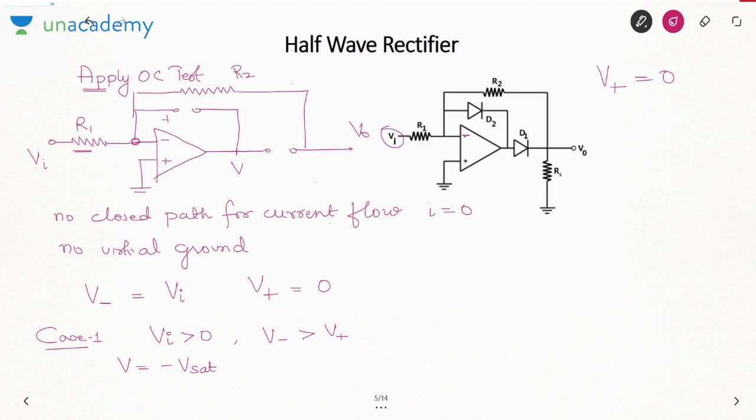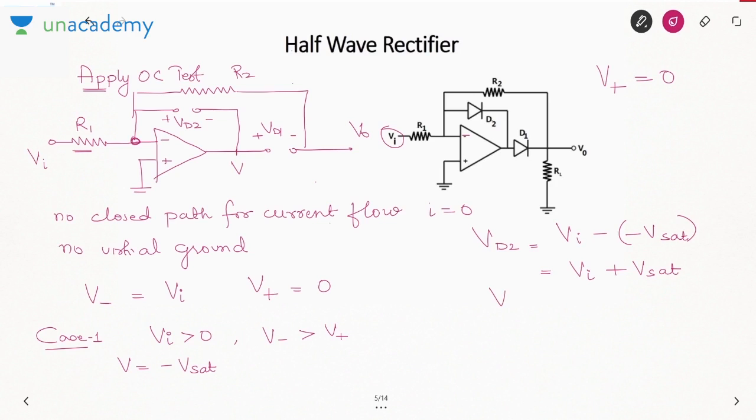So what is the voltage across D2? This terminal is Vi because of 0 voltage drop. The negative terminal is connected to minus Vsat. So Vi minus Vsat. So Vi plus Vsat.